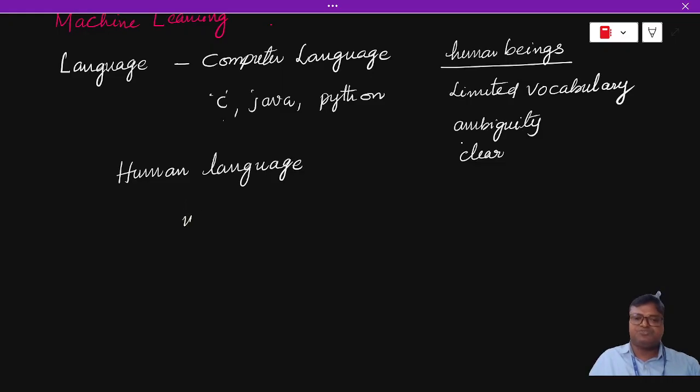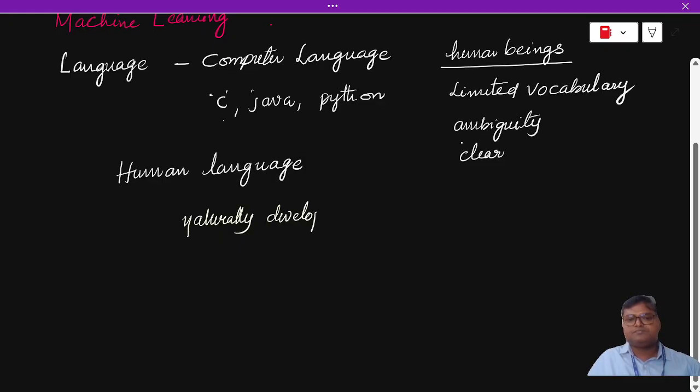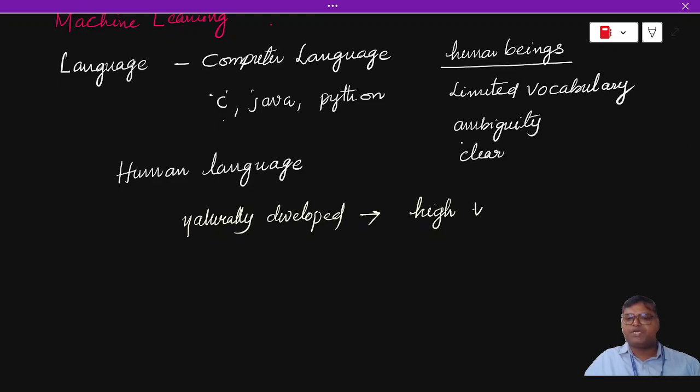It is a naturally developed language. And in this naturally developed language, we have a large vocabulary.